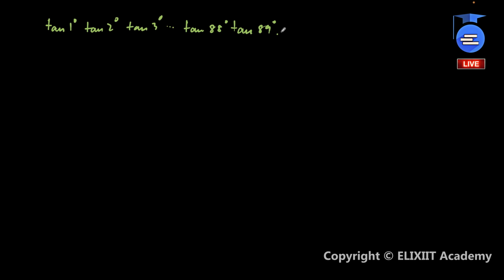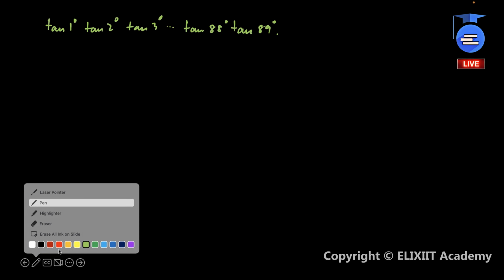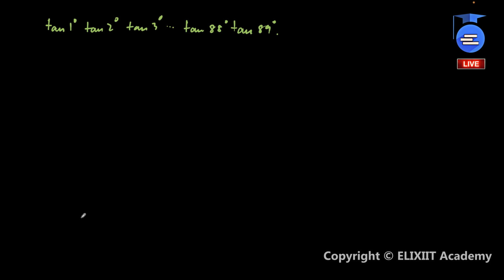How will you find this? Again, angle observation is the main key over here. So if you observe the angles, 1 degree and 89 degrees are complementary of each other. Basically 1 plus 89 is 90 degrees.